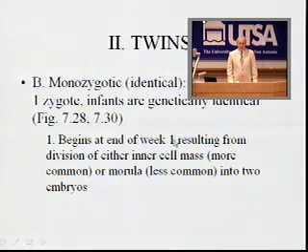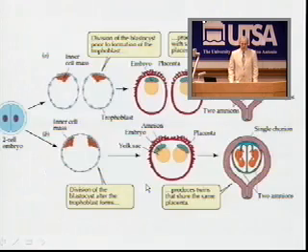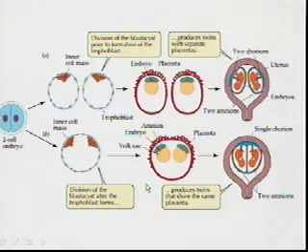So at about the end of the first week, there's going to be a division of the inner cell mass, which is the more common, or the morula, which is less common, into two embryos. So we already know that there is a stage where the cells are going to form tight junctions with each other, and we, I guess, can envision that those tight junctions don't hold steadfast indefinitely in every case.